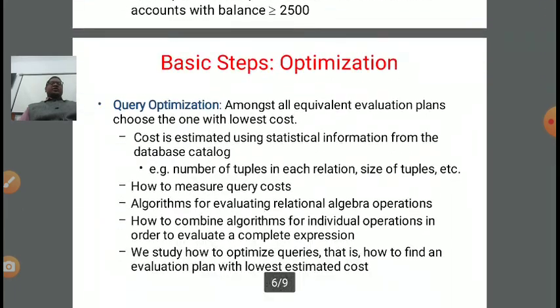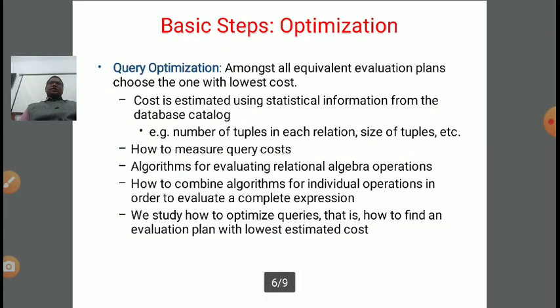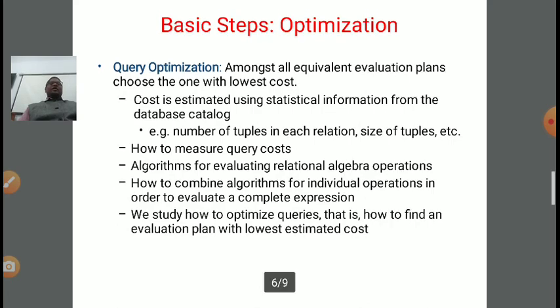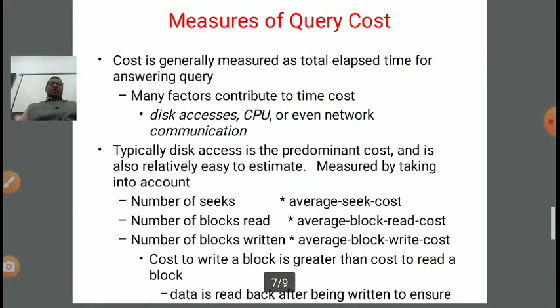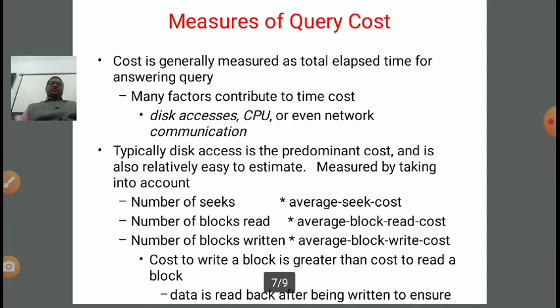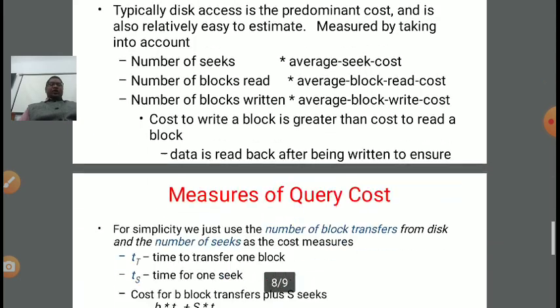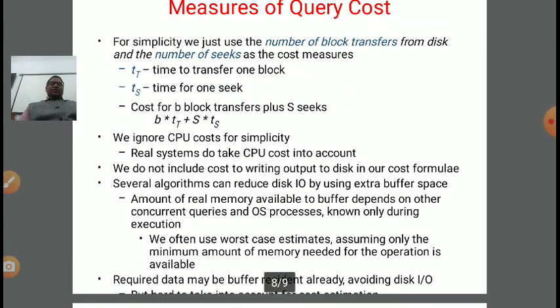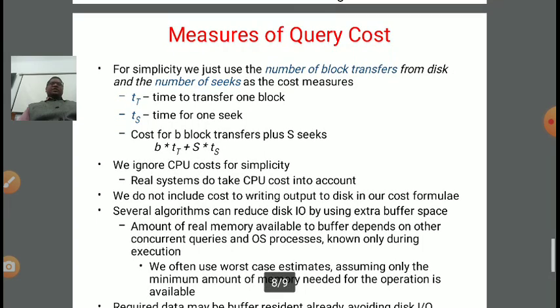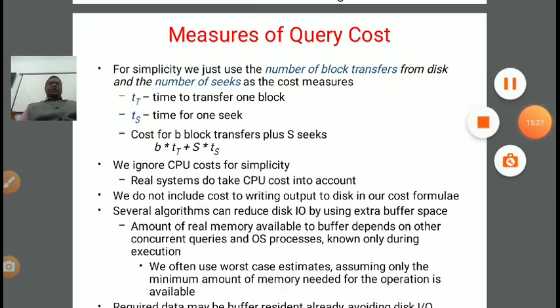It is decided by query optimization, which measures the query cost, and query cost depends on various factors like disk access, CPU, and network communication. In disk access there are various parameters like the number of seeks, the number of blocks read, and the number of blocks written. In this manner we can measure the query cost in order to decide the optimized query among all the evaluation plans. That's all from this lecture. Thank you.